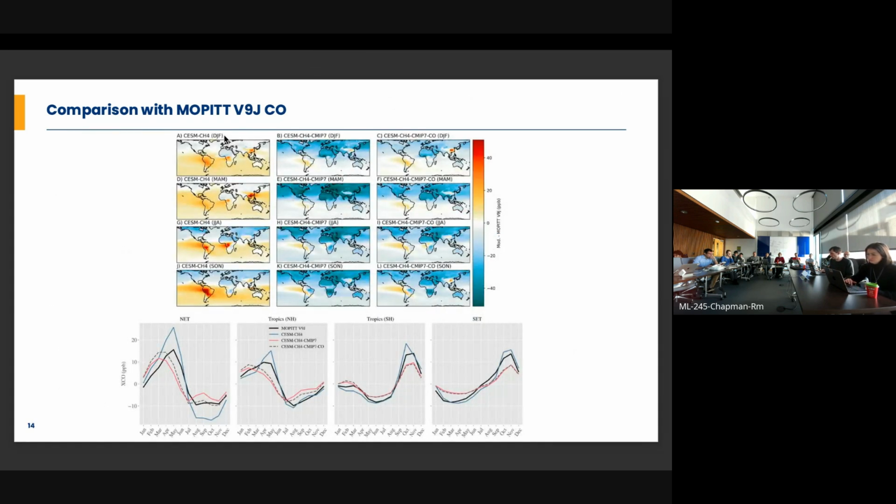But if you look at the seasonal evaluation, this is the 20-year differences with MOPITT for the four seasons, and the seasonal cycle for the also 20 years. You can see that we tend to overestimate the springtime, but overall the pattern looks very good in our CSM methane simulation, while the one from CMIP7 is a bit out of phase and tends to underestimate the spring emissions.